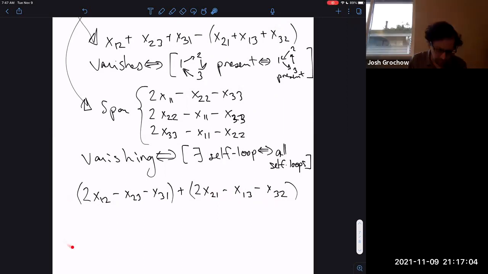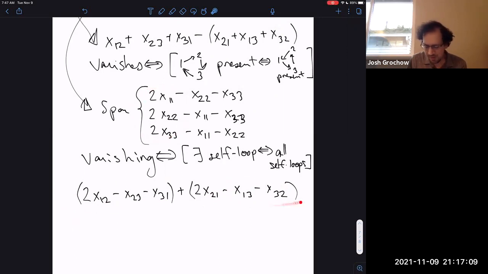And then there are two other things, and the picture looks kind of like this picture, but with two other things. And what is this vanishing?